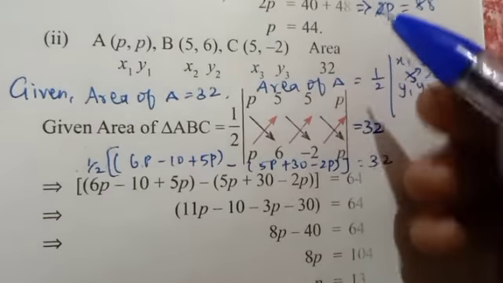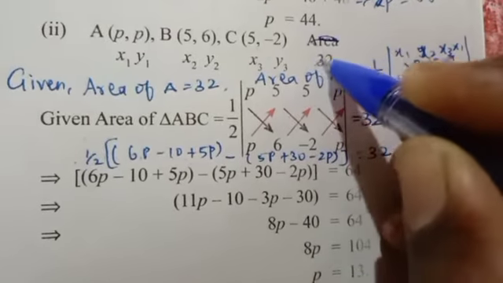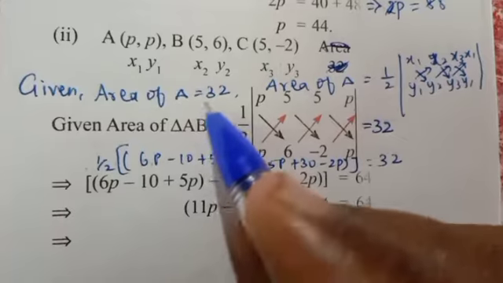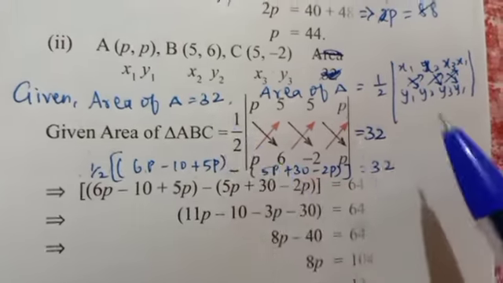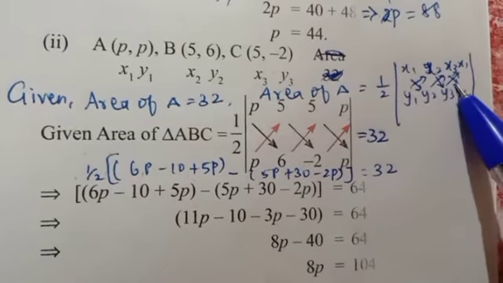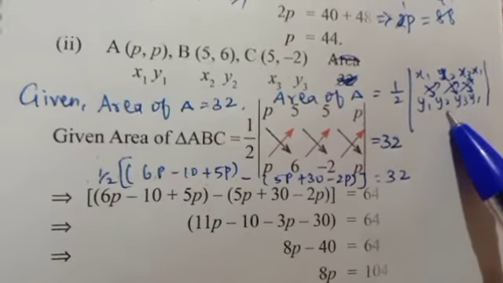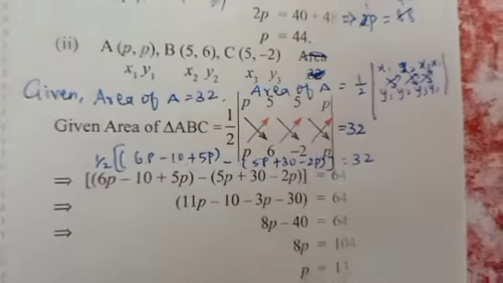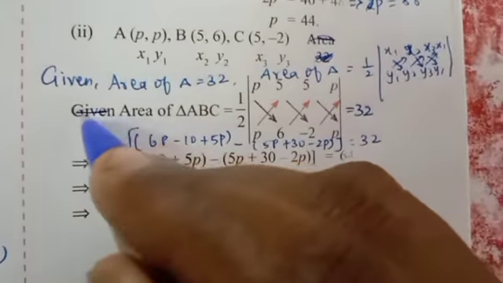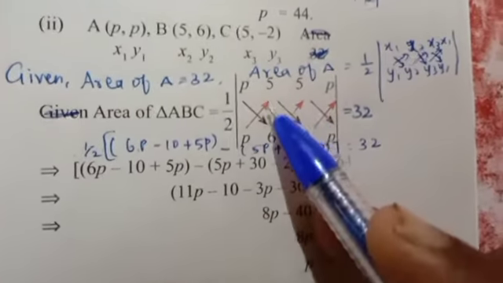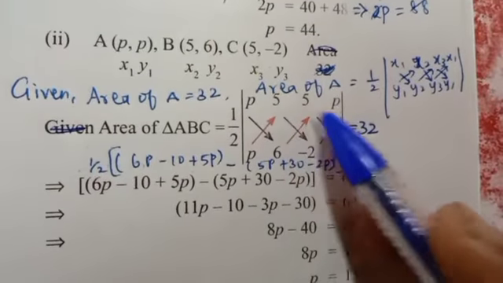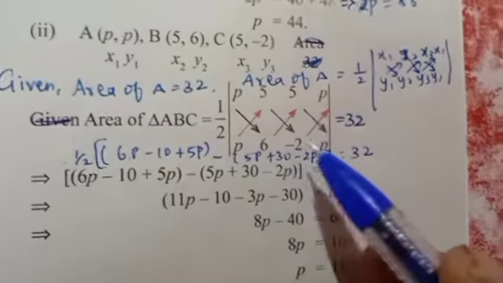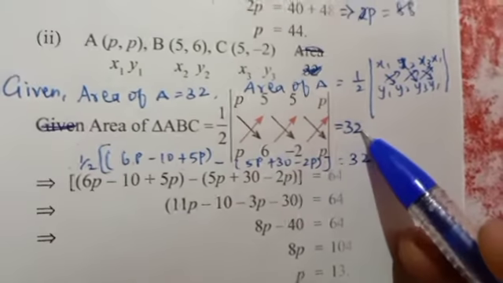Given area of triangle is equal to 32. Write the formula, then substitute the values: x1, x2, x3, then again x1, y1, y2, y3, then again y1.